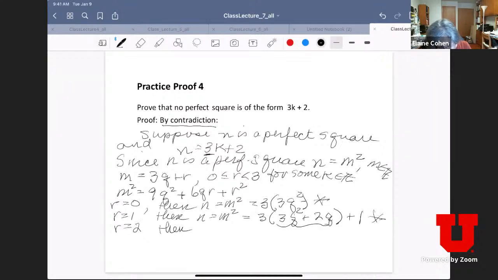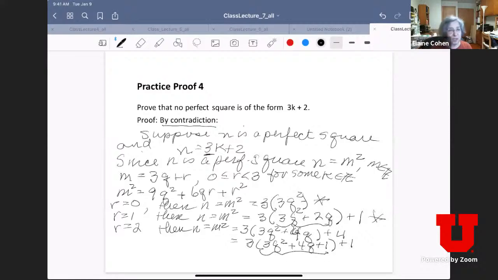Then this is more interesting. n is equal to m squared, which is 3 times 3q squared plus 6, and that's r is 2, that's 12, plus 4q plus 4, which is equal to 3 times (3q squared plus 4q plus 1) plus 1.